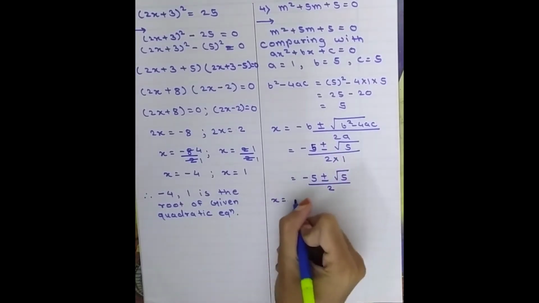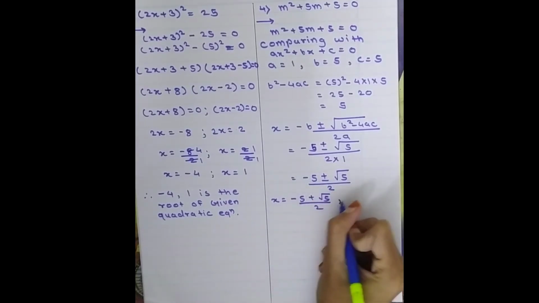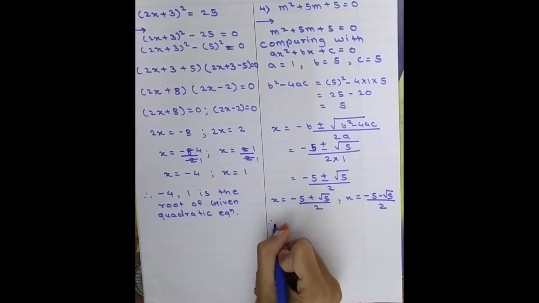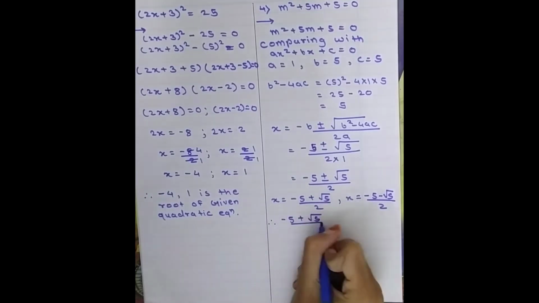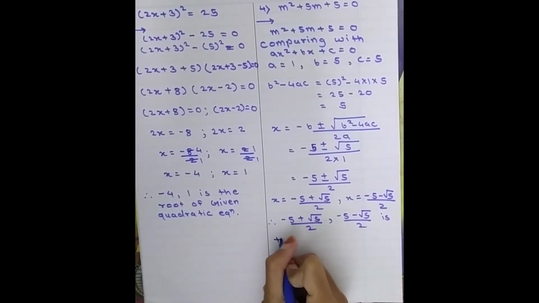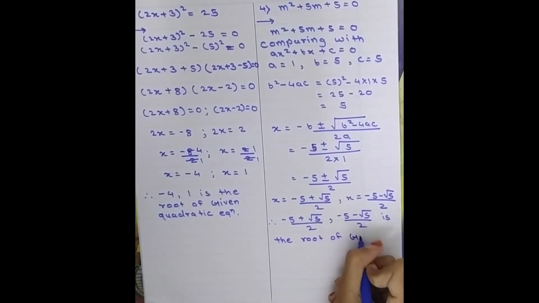So x is equal to minus 5 plus root 5 upon 2 and x is equal to minus 5 minus root 5 upon 2. Therefore, minus 5 plus root 5 upon 2 and minus 5 minus root 5 upon 2 are the roots of the given quadratic equation.